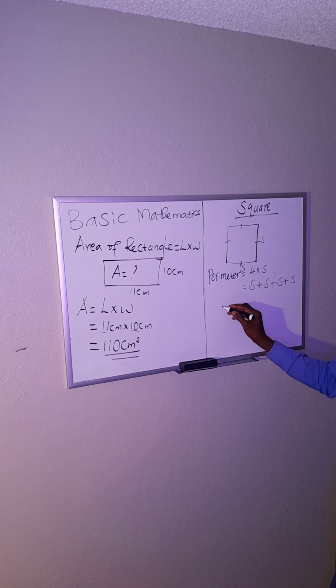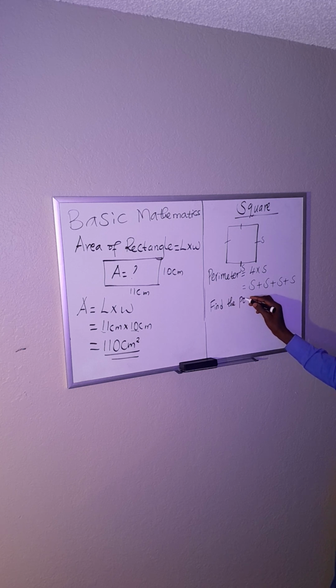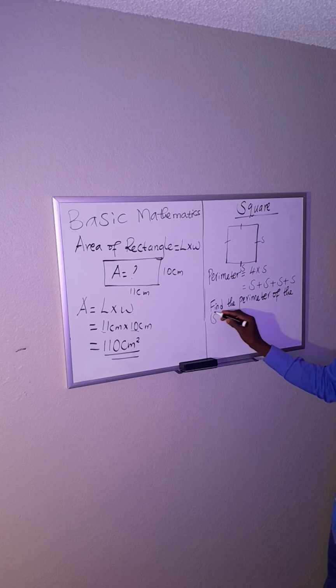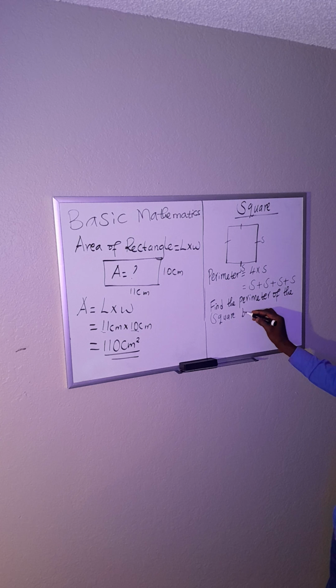I will quantify this by looking for the perimeter of this shape square below. Find the perimeter of the square below. So this is my square.